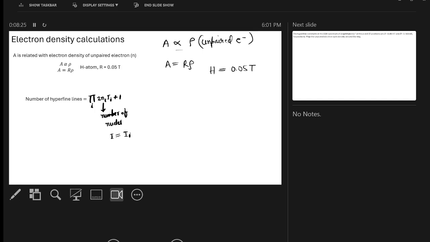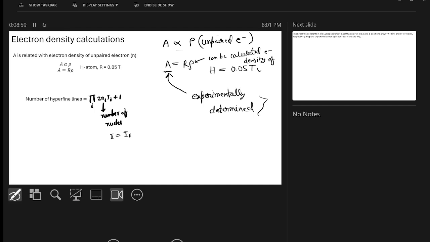From experiment, this A you can determine experimentally. And if you get A, you can calculate the electron density of the unpaired electron. Okay, we'll come to this later.